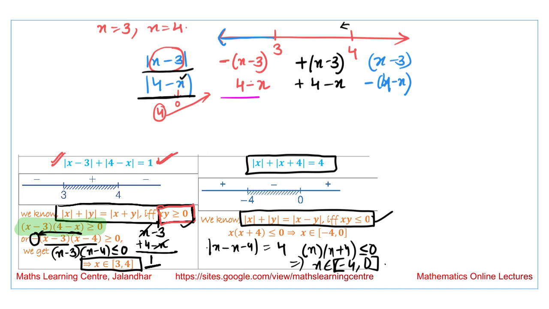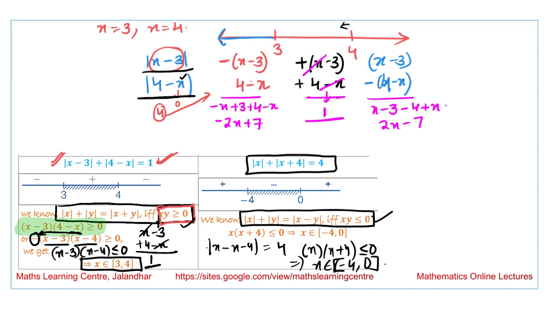Now if we add these values, we get minus x plus 3 plus 4 minus x. The answer we get is minus 2x plus 7. If we add these two values, x and x get cancelled, and the answer we obtain is 1. And if we add these values, we get x minus 3 minus 4 plus x, so it is 2x minus 7.